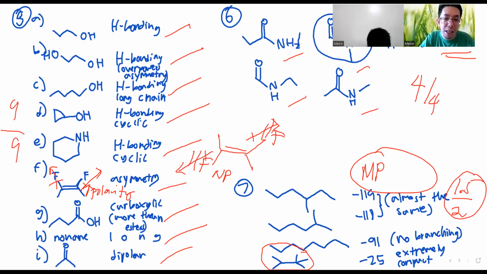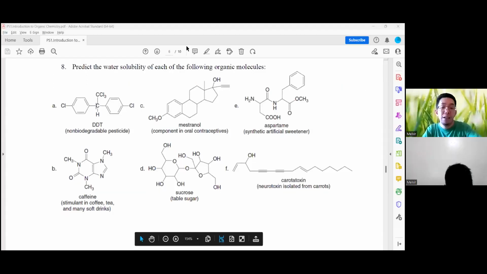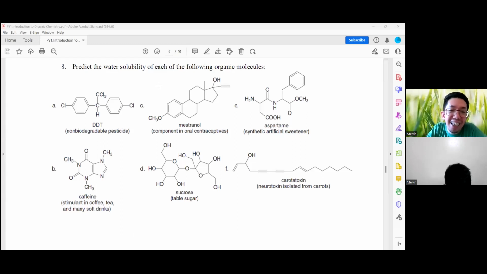So dito ka naman magsasagot. Sabihin mo lang Josh, madali lang 'to sa number 8 pero malalaking molecules ito. Predict the water solubility of each of the following organic molecules. So, sasabihin mo lang kung soluble, insoluble, or kung gusto mo partially soluble, yung mga molecules na 'to.